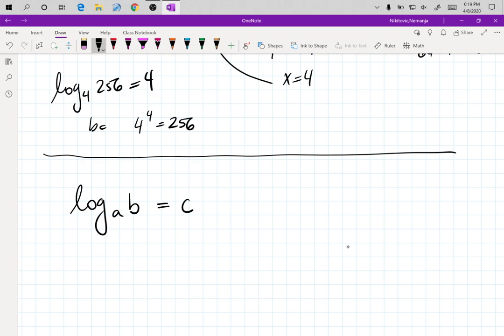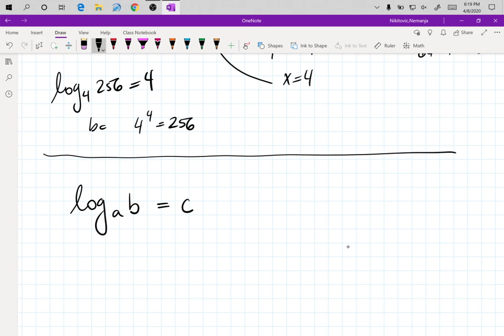If you take a look at your calculator, it is going to have a button that has log on it, and then another button that has capital Ln. And both of those are actually log.